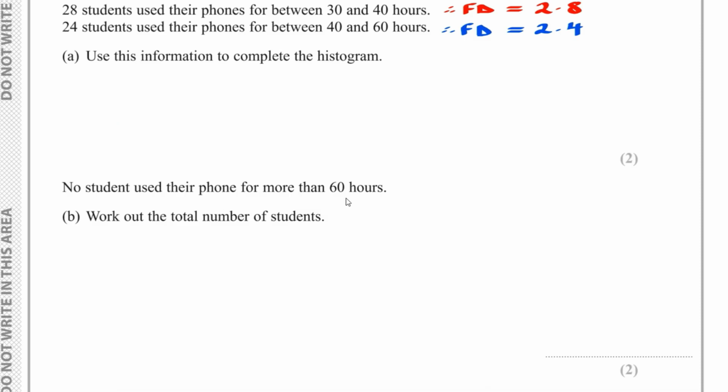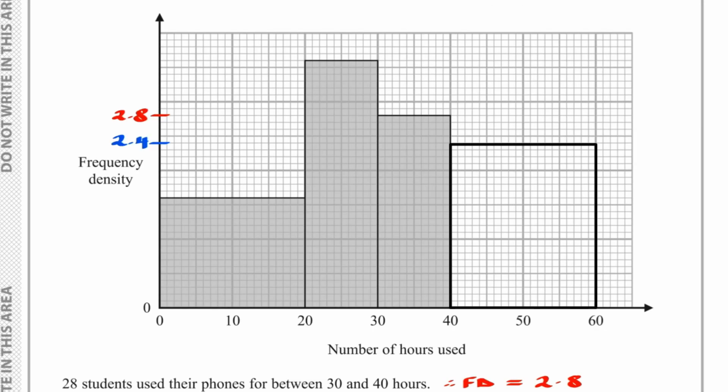No student used their phone for more than 60 hours. We have to work out the total number of students. So what we need to do here is work out the frequencies, and I can do this by considering the area of a rectangle. Let's first of all find each of the frequency densities. Here I've got a frequency density of 1.6. Here I've got a frequency density of 3.6.